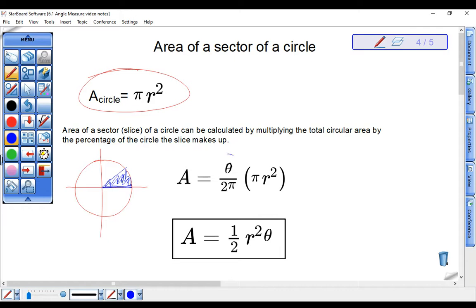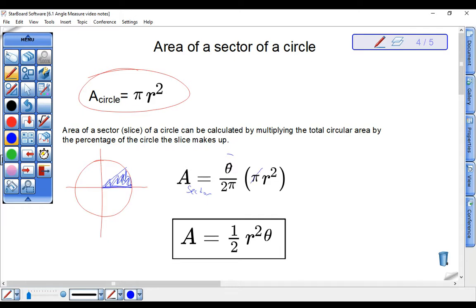The area of this sector that we care about, this blue section, would be theta radians divided by 2 pi, because there are 2 pi radians in a whole circle, times the area of the entire circle. That decimal is the percentage, the ratio of the circle that we care about. So that should hopefully make sense about how we're solving this.